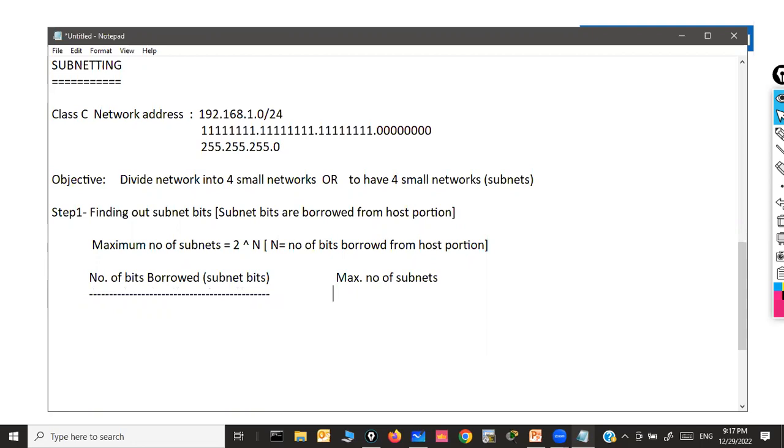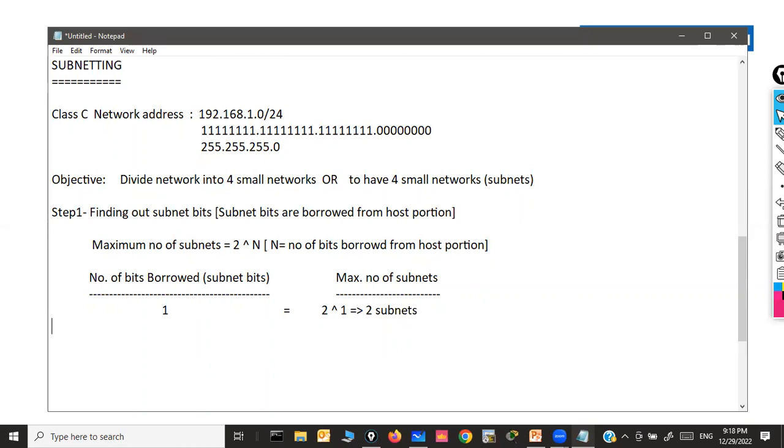Now, if we borrow 1 bit, 1 bit means the number of subnets will be equal to 2 raised to the power 1, that is 2 subnets.